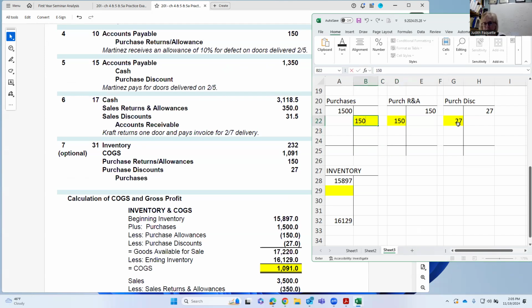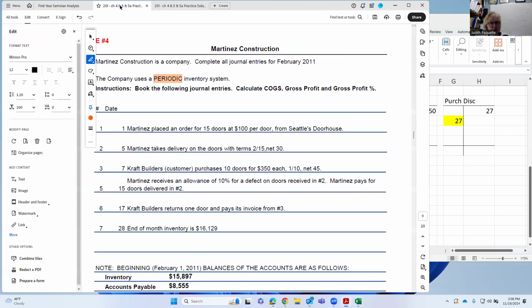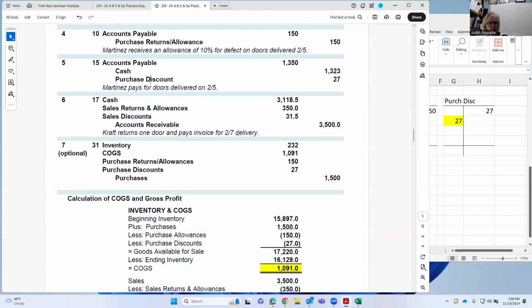And I need a credit to purchases, and that'll make this 0. And then I need to figure out what I want here. I need a debit of 232 so that when I combine it with my beginning balance, I'll end up with 16,129. Why do I have to have 16,129? Because that's what we physically counted. So that journal entry is right here: 232, 150, 27, 1,500. And the difference is cost of goods sold.